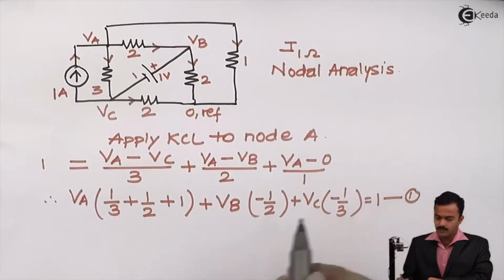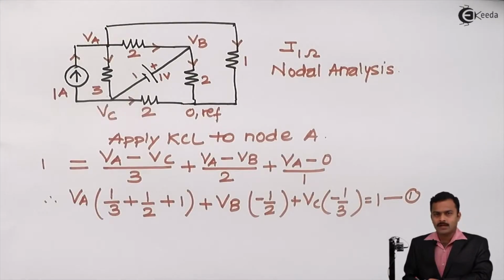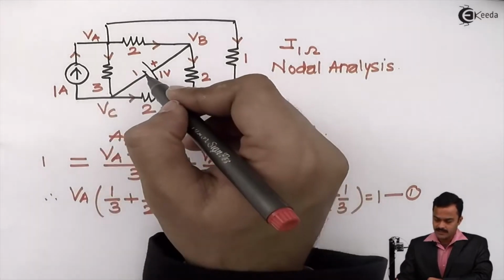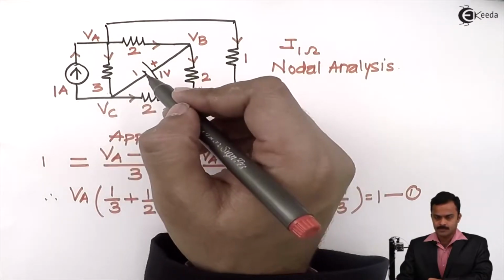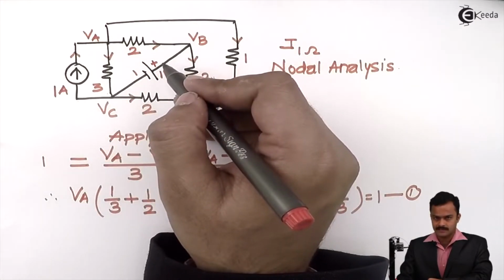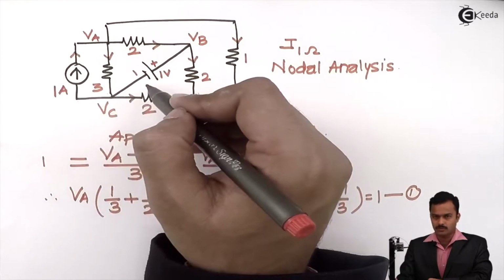Equation number 1 I will get. Now I cannot apply KCL to node B and C directly because there is a voltage source between B and C. So whenever such a condition occurs, this is forming a supernode.